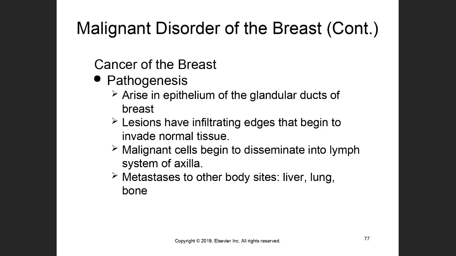Lesions have an infiltrating edge that begins to invade normal tissue. Malignant cells begin to disseminate into the lymph system of the axilla. That's why you always have to do a sentinel axillary biopsy, getting a biopsy of one lymph node of the axilla. Metastasis to other body sites: liver, lung, and bone.